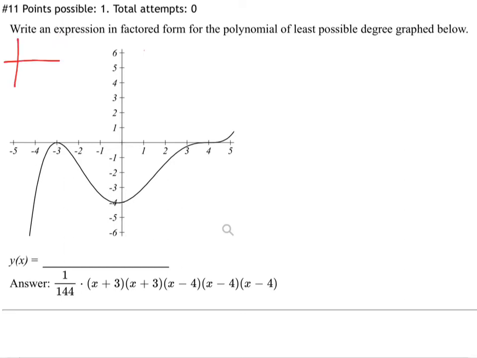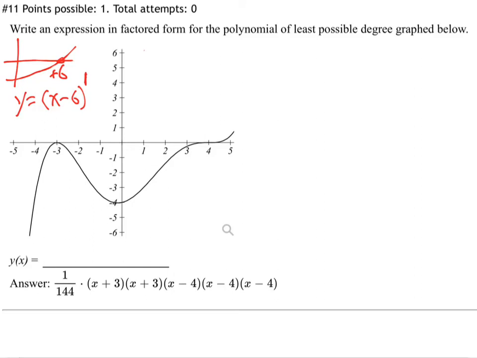Let's suppose we have a graph and way over here at 5, that's going to be x minus 5, because it's always opposite. This is +5, so opposite. Here, let's make it 6. I don't like 5. So say this hits at +6. Then you're going to have y equals x minus 6 to the first power.